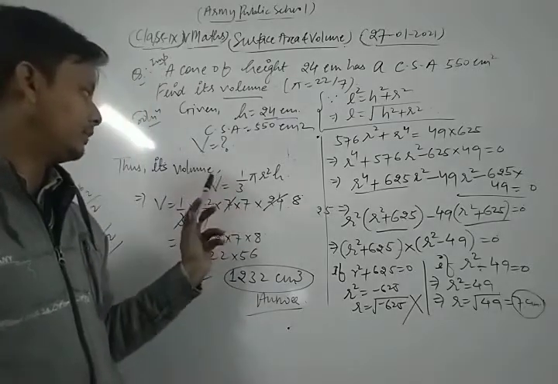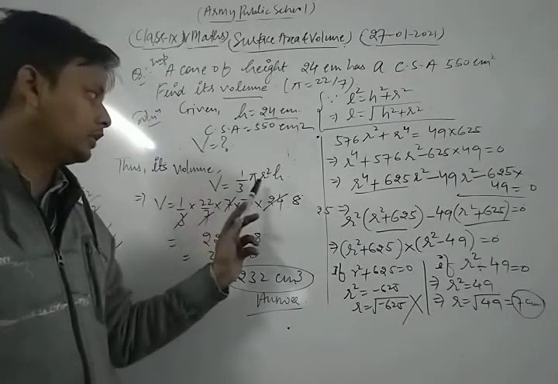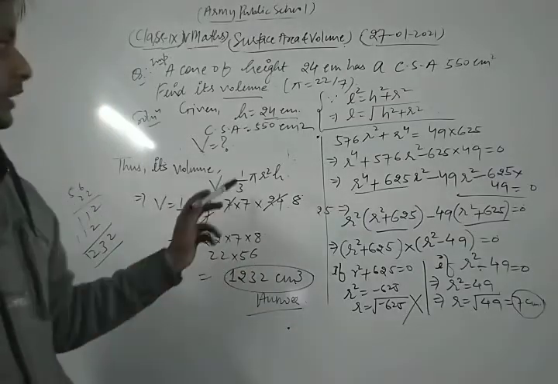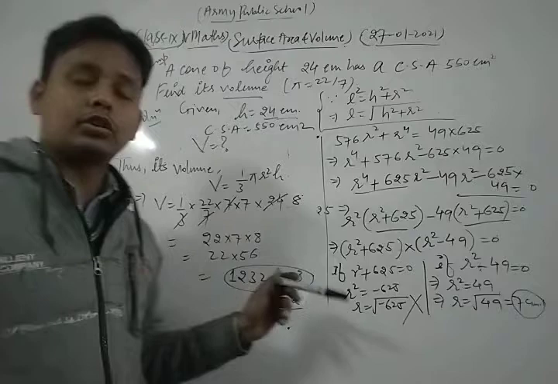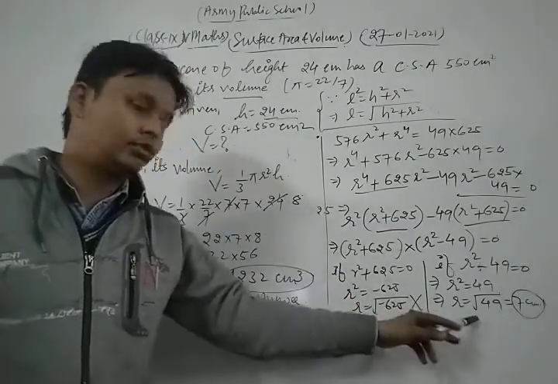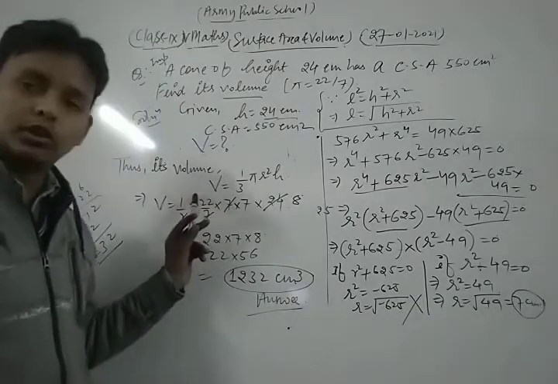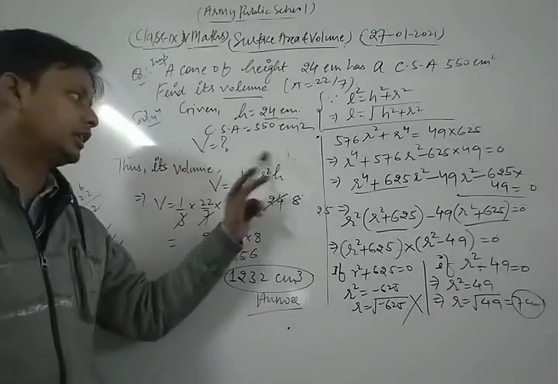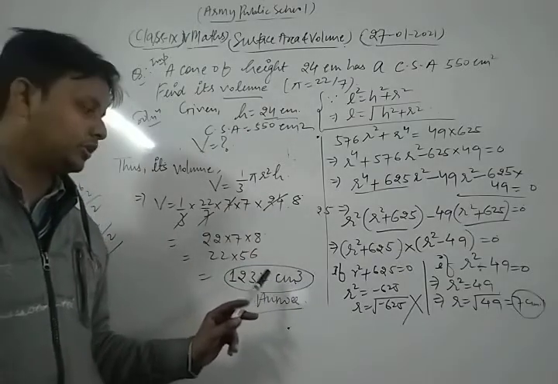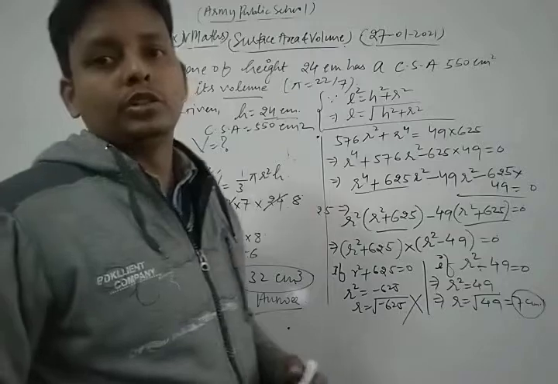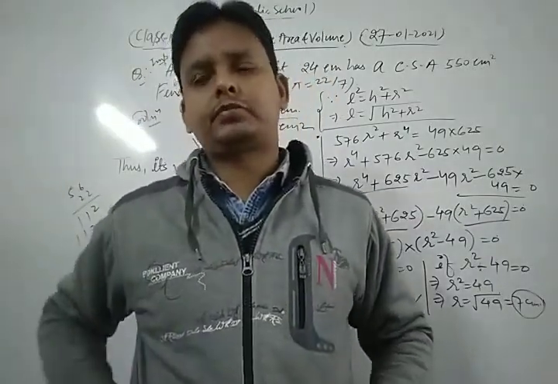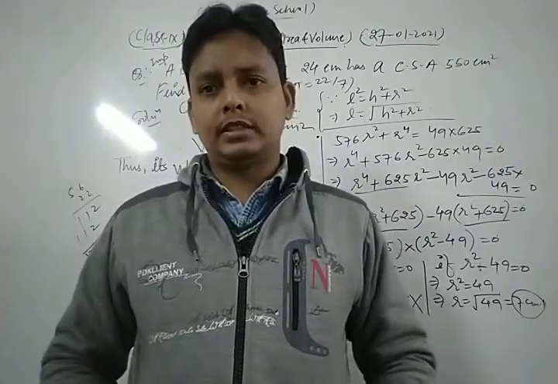So for that we apply the formula for its curved surface area, and solving them we get the value of r. After that, we apply the formula its volume is 1 upon 3 pi r square h, and putting all these values in that formula, solving them we get 1232 centimeter cube as our result. Okay, so firstly you revise all the important questions which we discussed in that class. After that you solve your NCERT exercise.